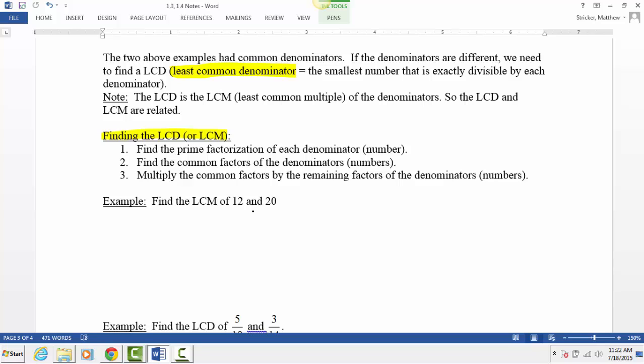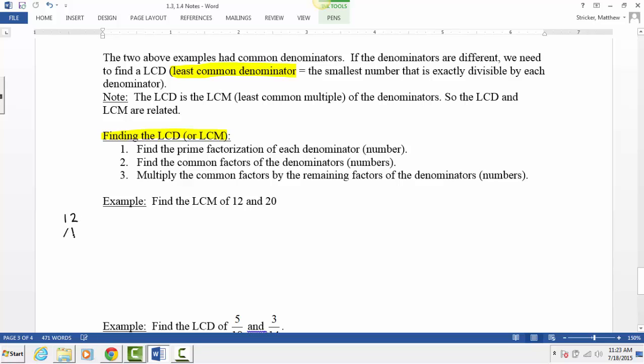If that's not obvious, then you may want to follow the approach here, these 3 steps. So notice it says in step 1, find the prime factorization of each denominator or each number. So in this case 12 and 20, we need to find the prime factorization of both of those.